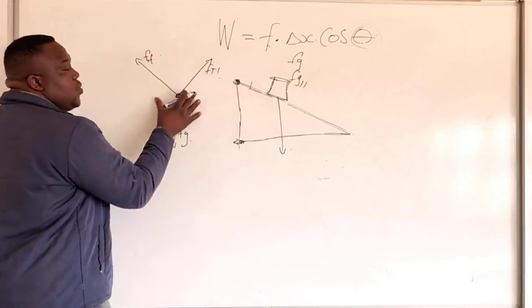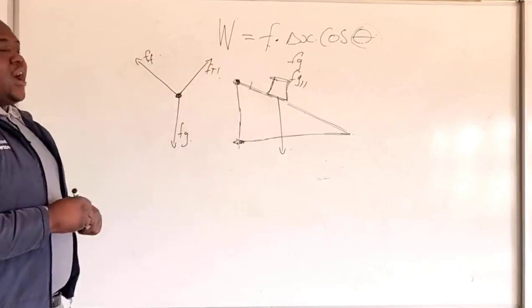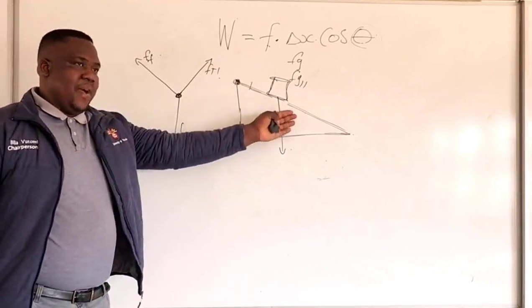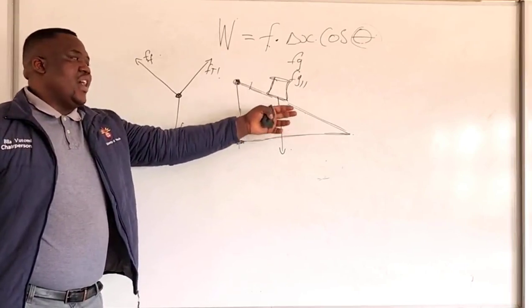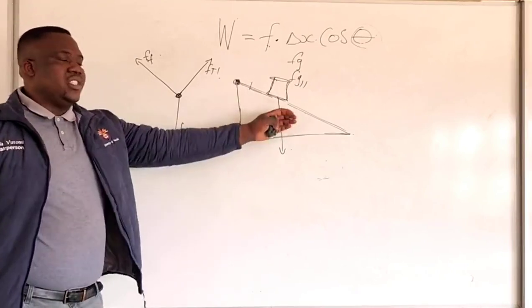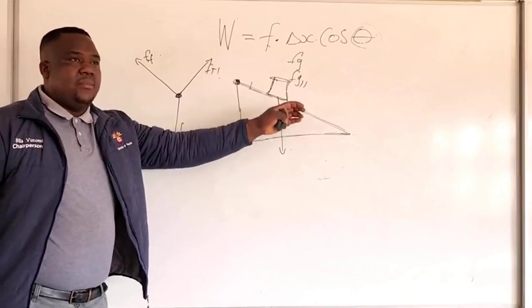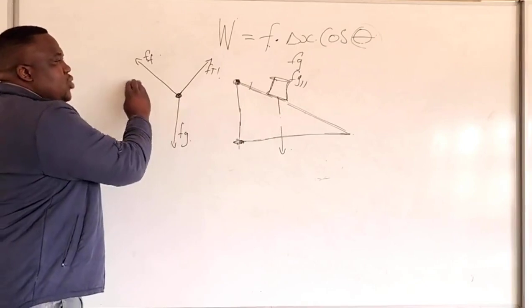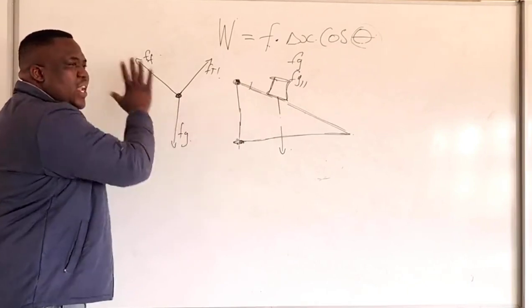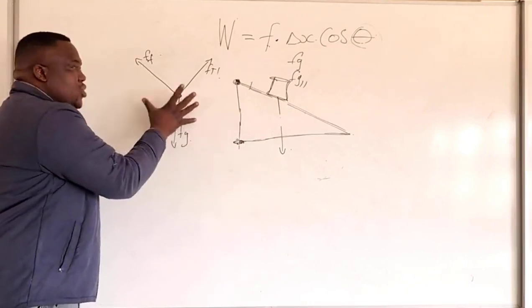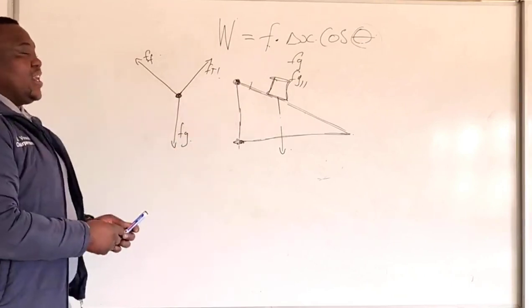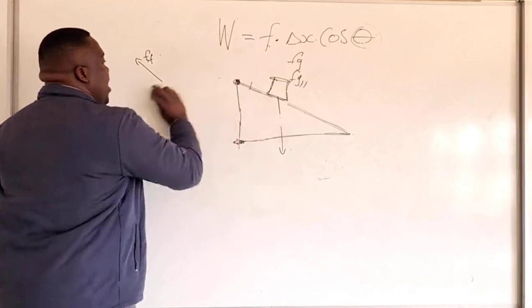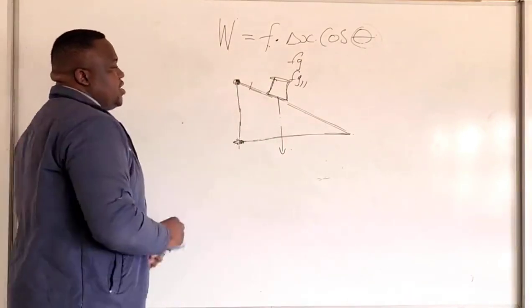I'm drawing it here so that I can explain the concept and you don't make mistakes. When you draw a free body diagram, there must not be any additional line, only the forces acting on the object. So don't do what I'm doing when you are asked the question; I'm doing this so that I can explain.